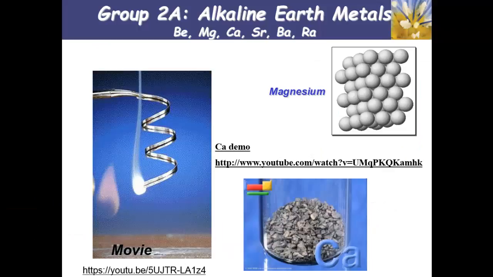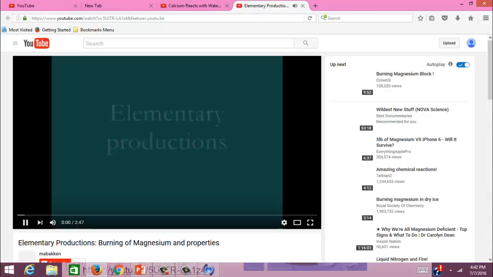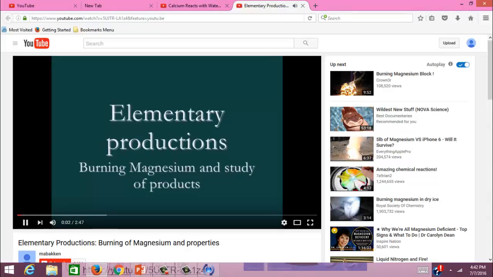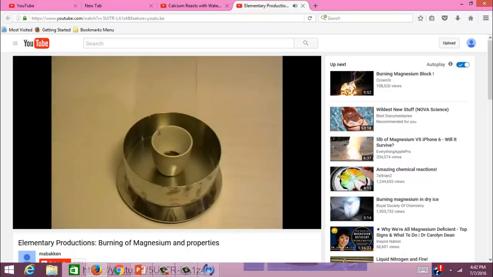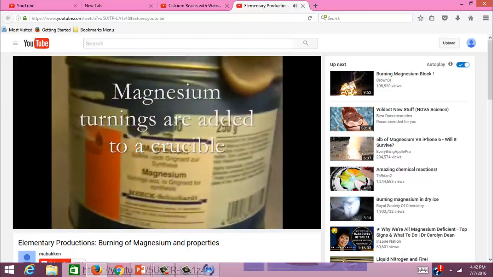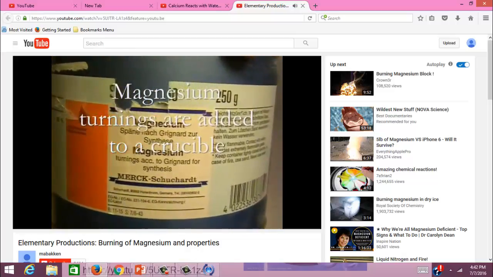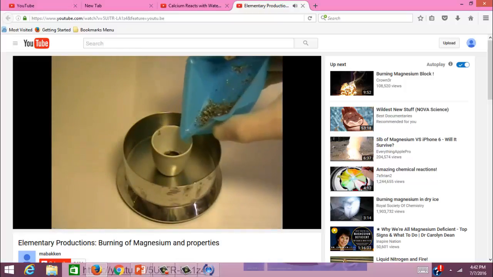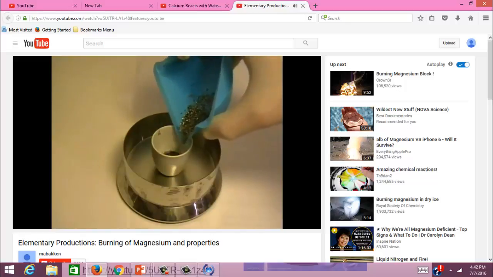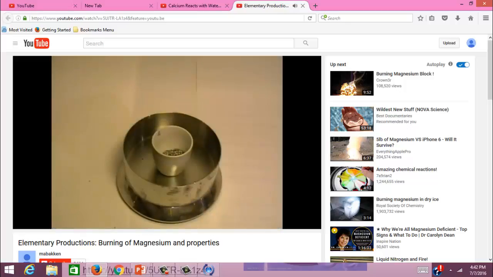But if we look at magnesium here, what's kind of cool about magnesium is it burns with a very white flame. So here we have our magnesium and its turnings. So this person is being very thorough. You'll see that it's a shiny gray metal.